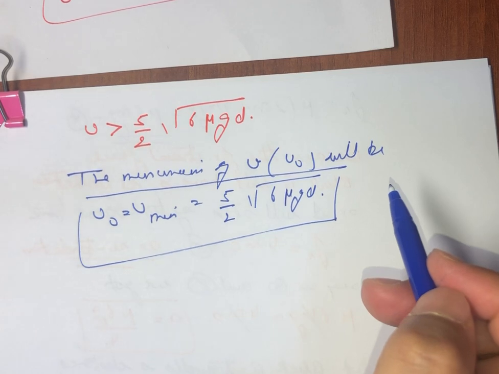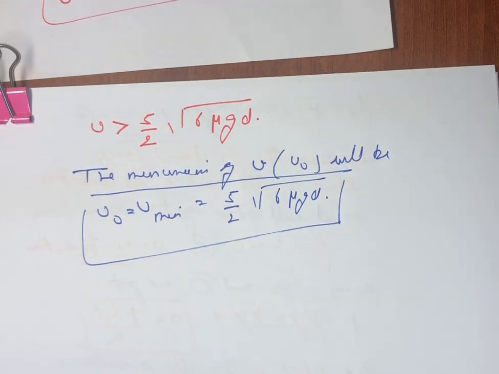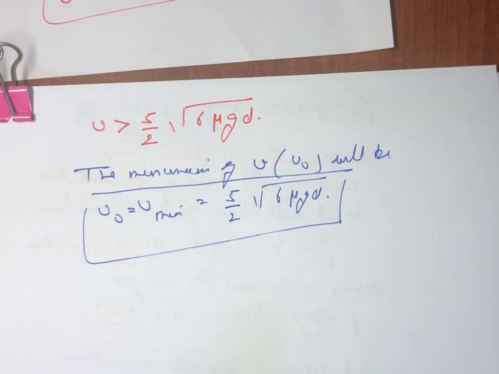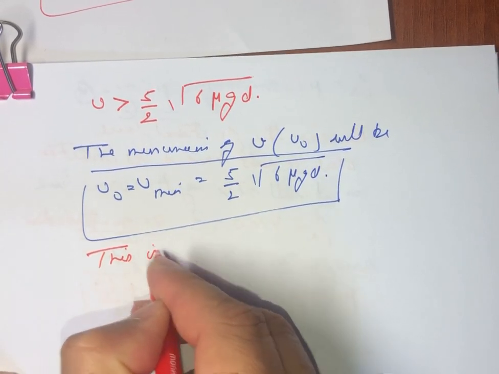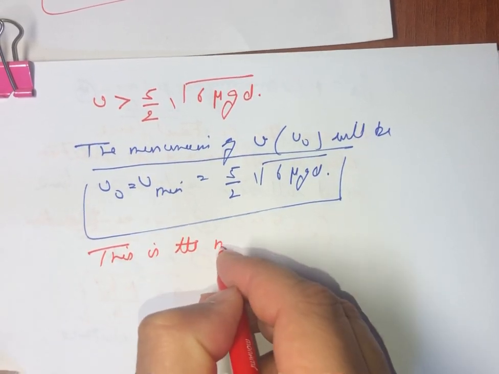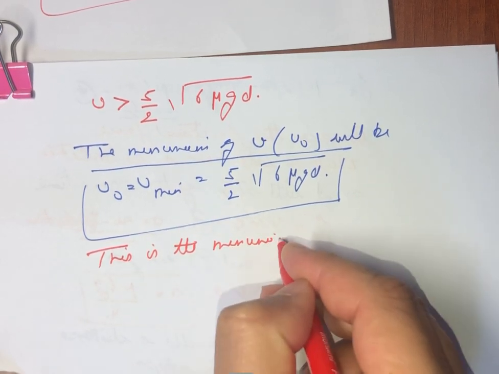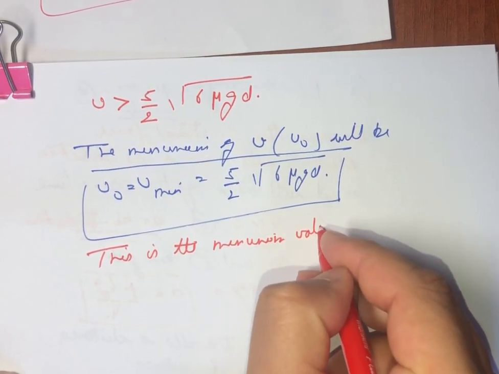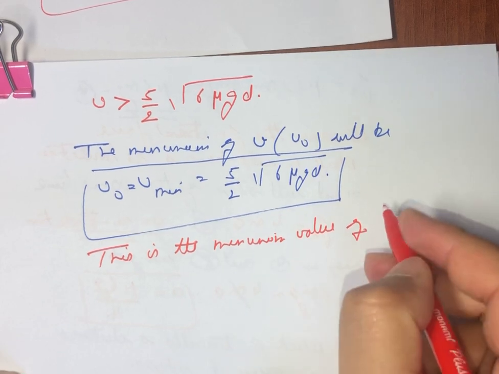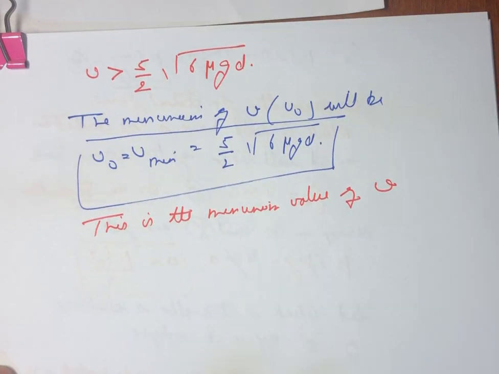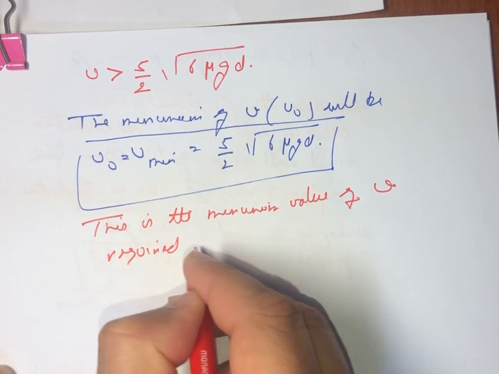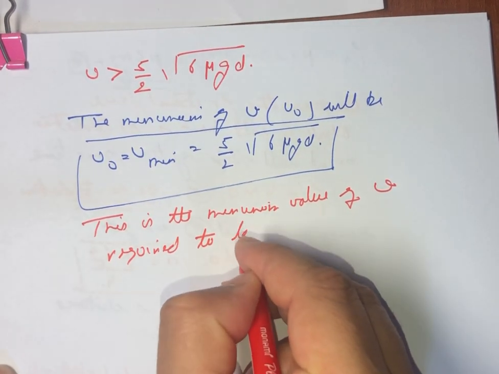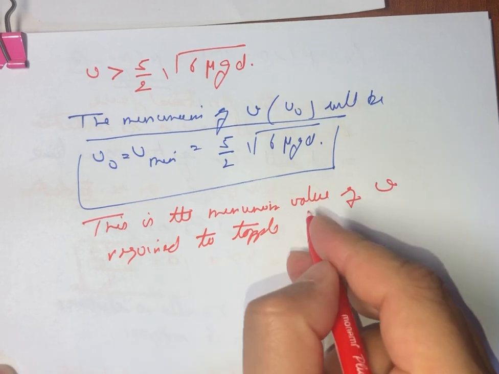So this is the part A answer. You can see this is the minimum value of v required to topple block A.